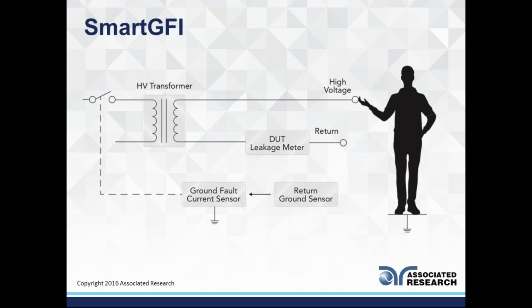This is why we do see some of our customers turning off or disabling GFI. We don't recommend that. If someone tells you, my product is naturally leaky, well, we'd say make it not naturally leaky, because that's still current that can be flowing to places you don't know. And if someone touches the right spot, or the wrong spot I should say, that current can flow to Adam or the user.